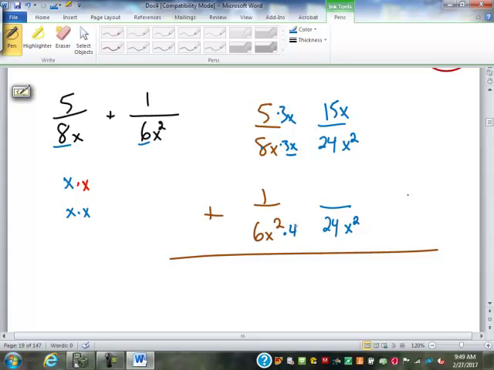Times 4. How about the x squared? Nothing. It's already an x squared, so there's nothing that needs to be done to that. So 1 times 4 is 4. So now we have the same name. 24x squared is our denominator. We have 15x plus 4 is just 15x plus 4.